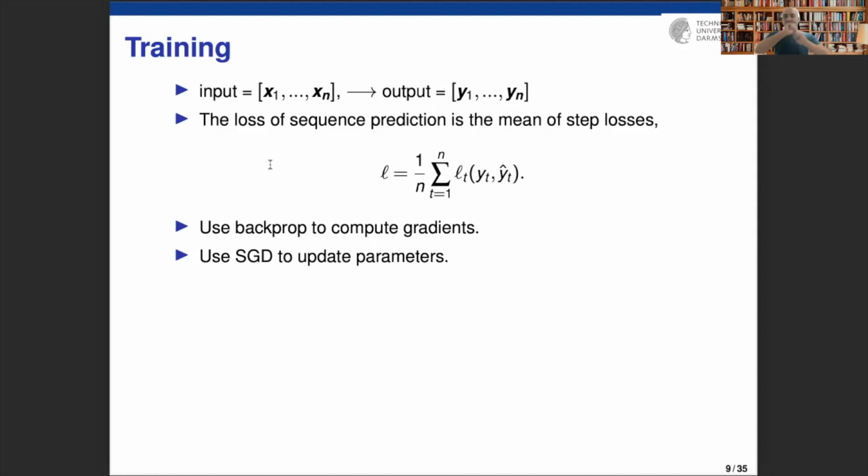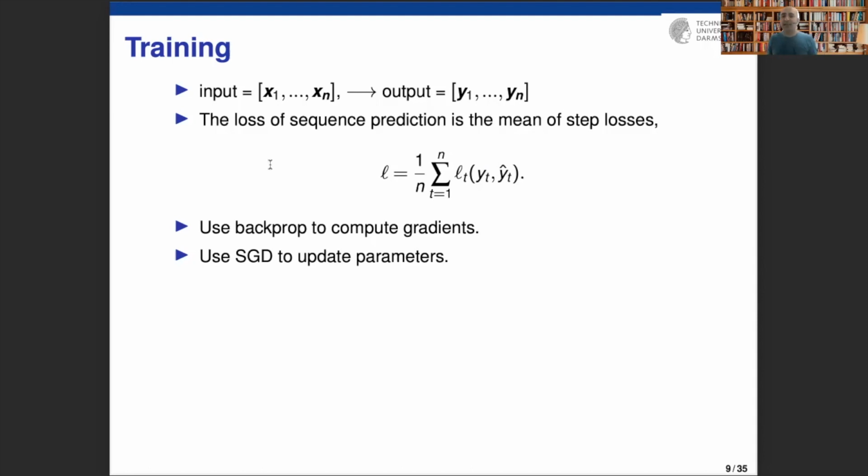The point is that at each step, we have a prediction. So we are doing a prediction at each time step, and we can make a mistake at each of these time steps. But how should we know how much error we have for the whole sequence? The most straightforward approach is to take the mean of the errors at each time step, right?